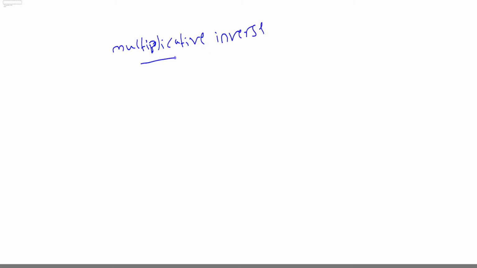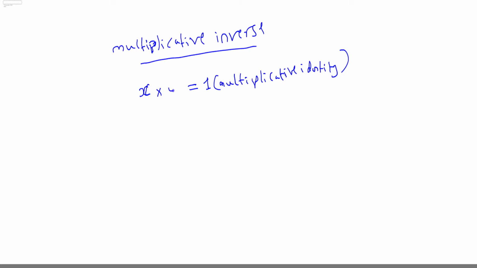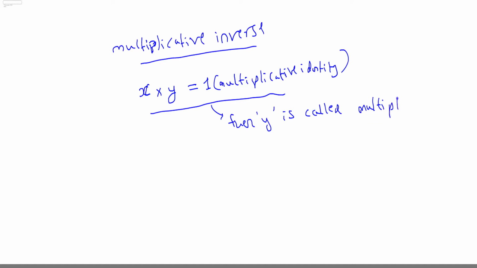If you multiply any number x and you get the multiplicative identity, then y is called the multiplicative inverse.